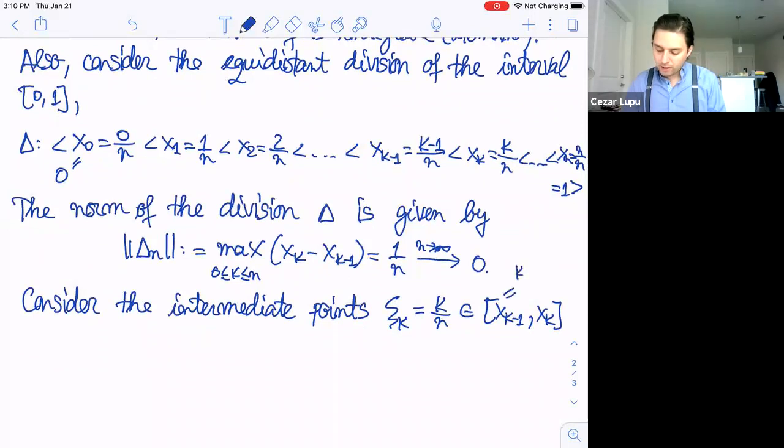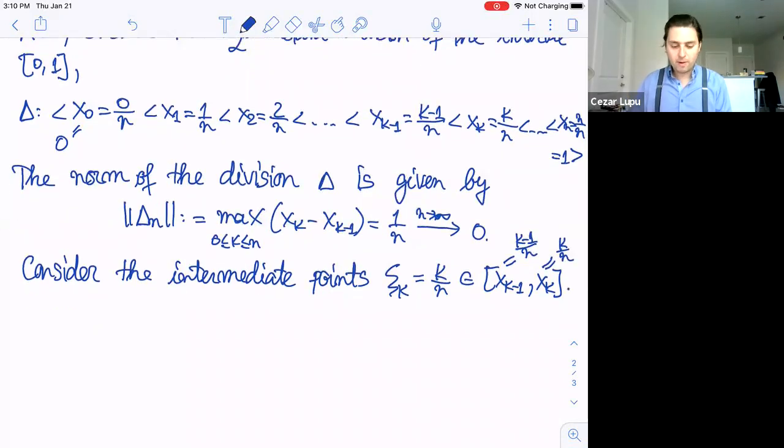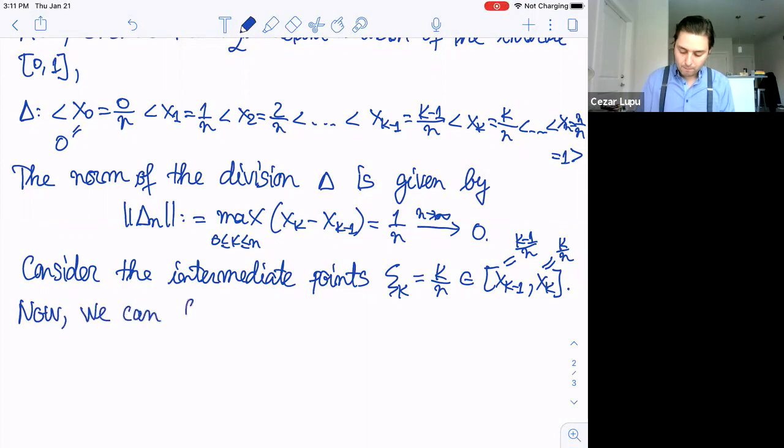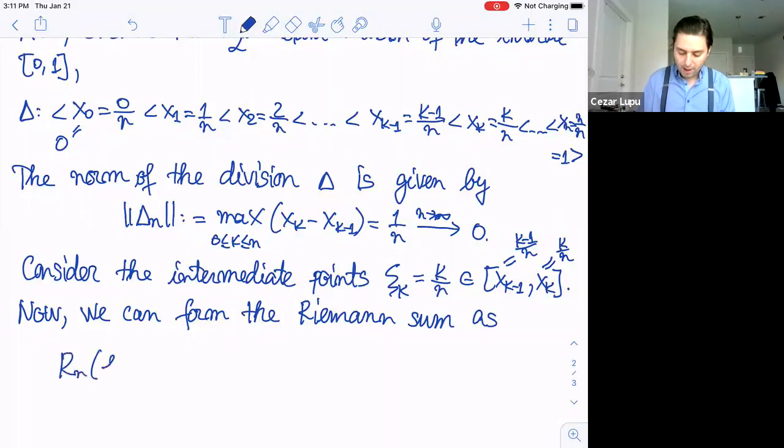And do not forget that this is k minus 1 over n, and this is k over n. All right, that's beautiful. Now we can form the Riemann sum, let's call this Rn of f associated to ck.